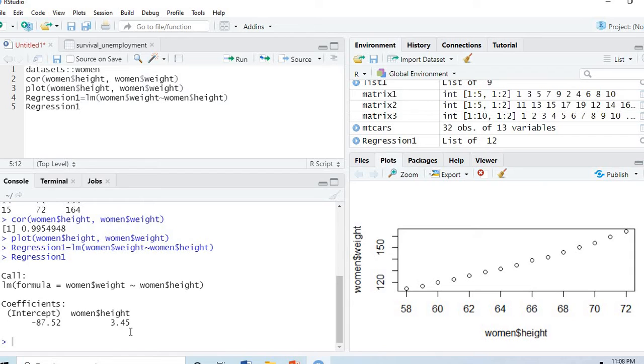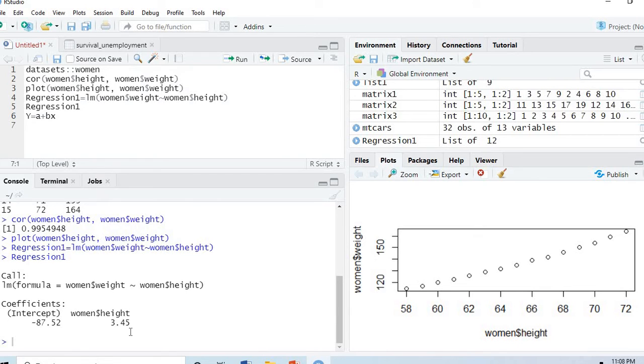Now what does it mean? It means that if we make a 1 unit change in the height, the weight will increase by 3.45 units, because this 3.45 is positive in nature, so we can say that there is a positive association between both the vectors. With this regression1, we can develop a regression equation, that is y equals a plus bx.